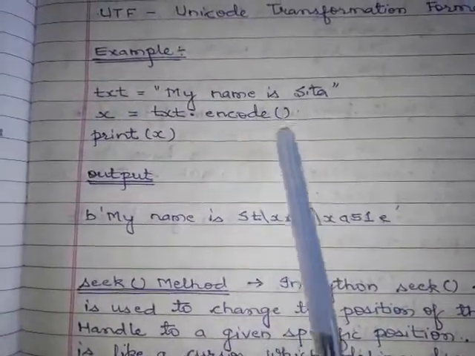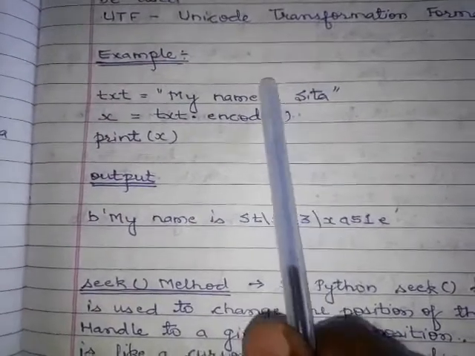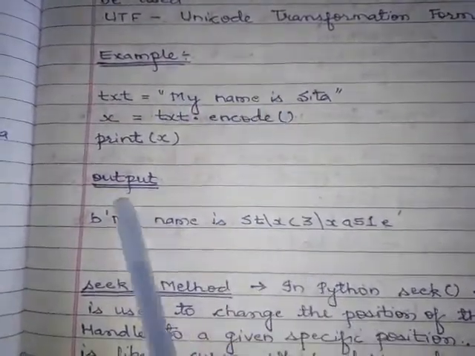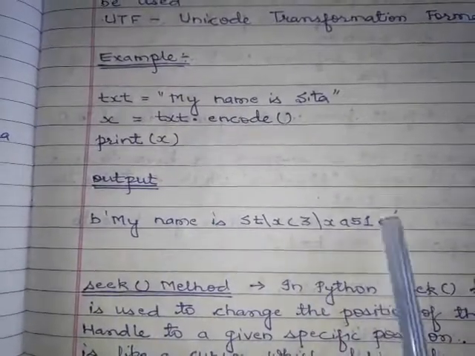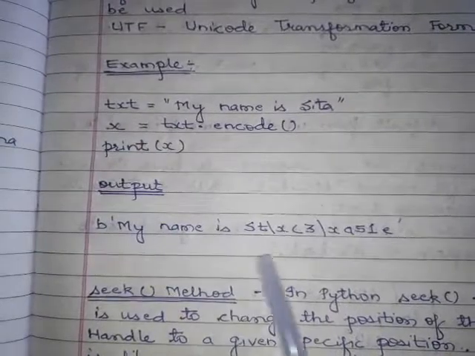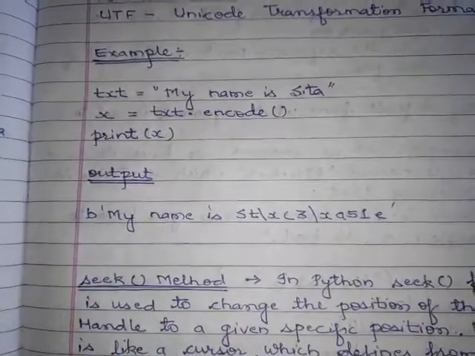So the encode method encodes whatever characters it can convert, and if it is not able to convert them, it writes them as they are. So this is our encoded text. We can print it in byte form, or we can say in binary mode.